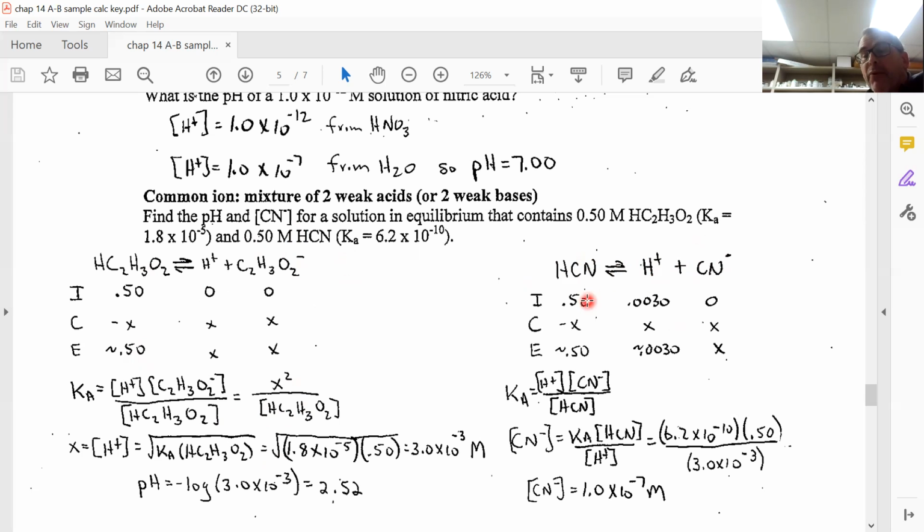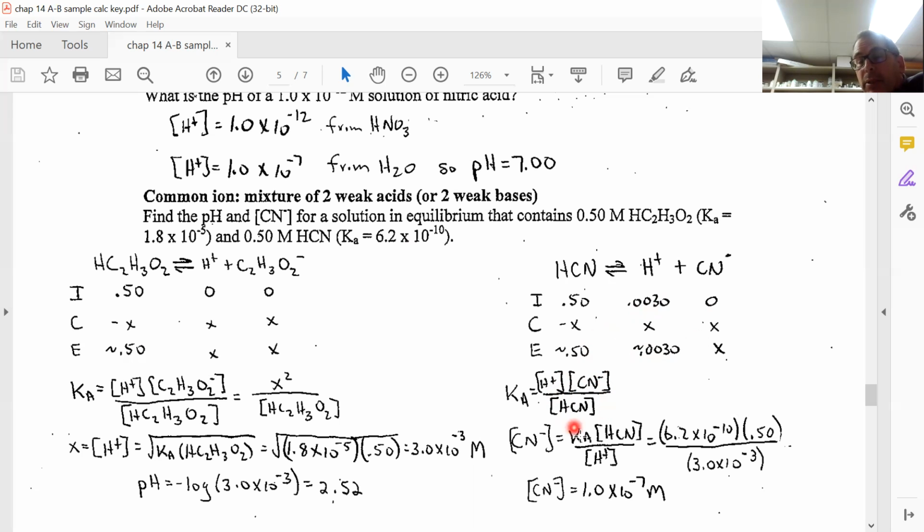So I put a 0.50 there, and the 0.0030 here. It's going to move this way, but x will be insignificant compared to the 0.50 or 0.0030. So I'm just going to plug things in here and solve for CN minus.